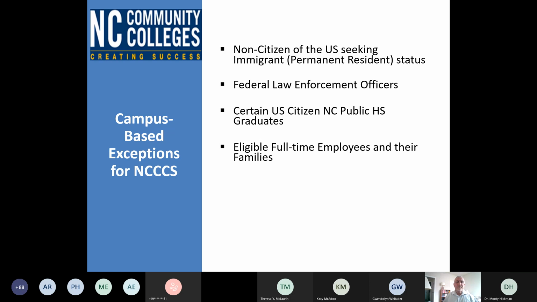Okay, so a non-citizen of the U.S. seeking immigrant status. There's some misunderstanding about this one. Someone has applied for a green card, which involves at least two different forms. Someone off the street just can't apply for a green card.